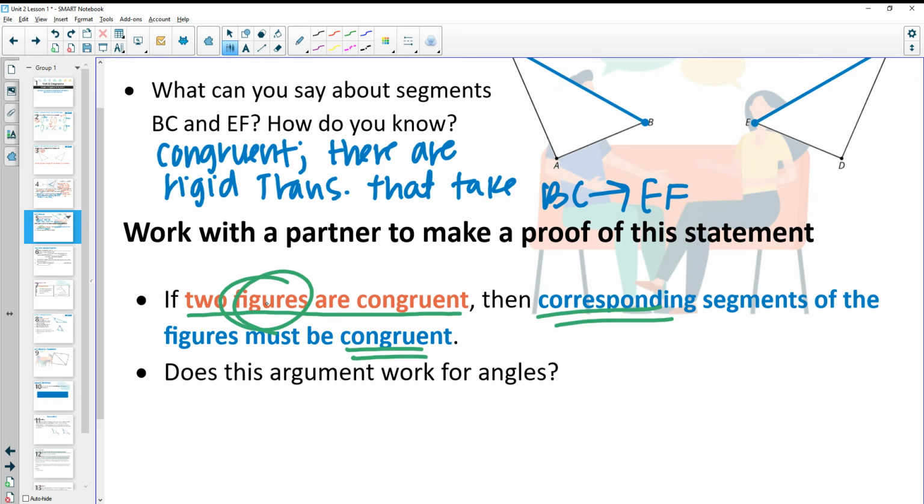So we want to start with the figures being congruent and give some type of logical argument as to why the corresponding segments need to be congruent. Then I want you to try to decide or talk about, does this argument work for angles? So pause the video, try something, write some type of argument down, and then come back to the video and we'll discuss it.